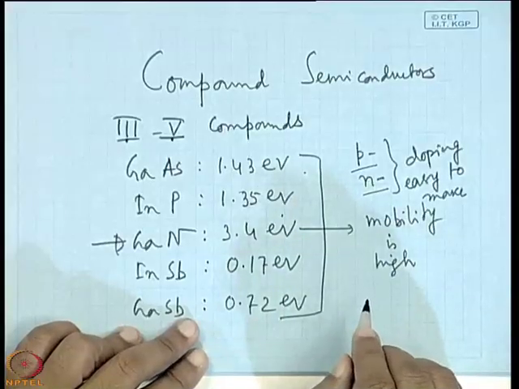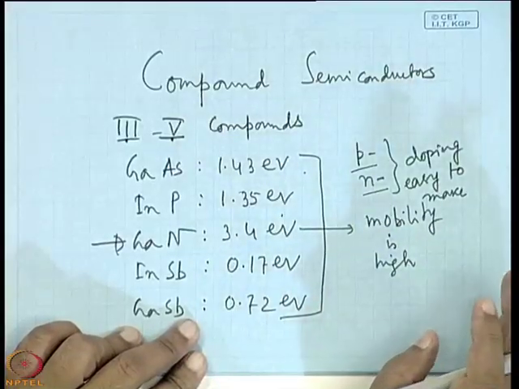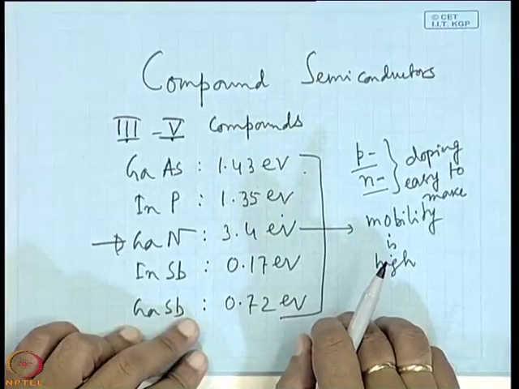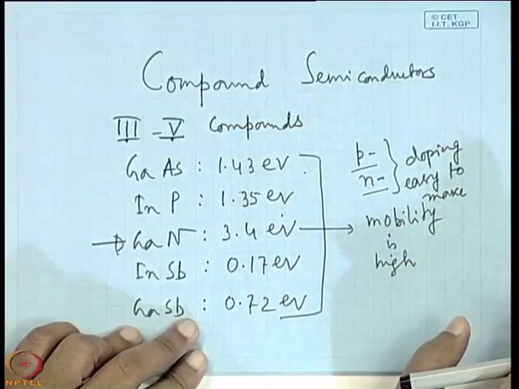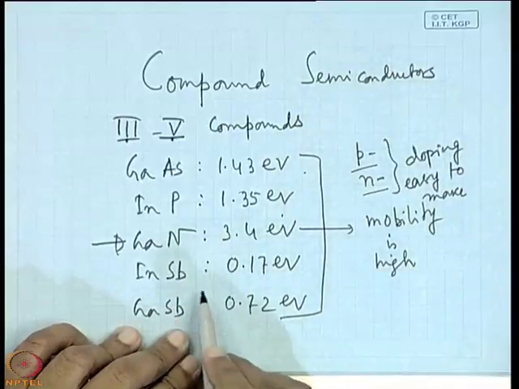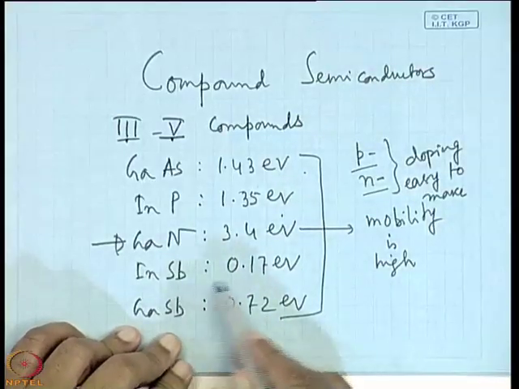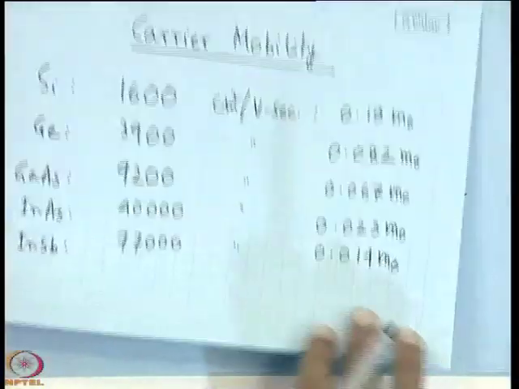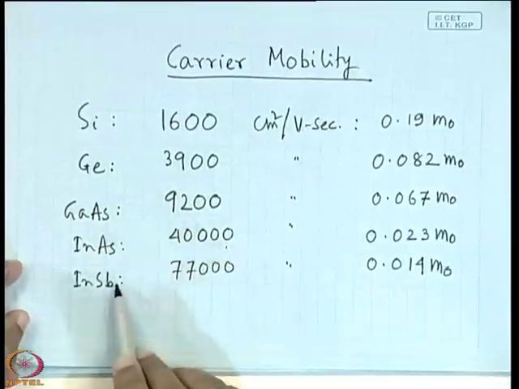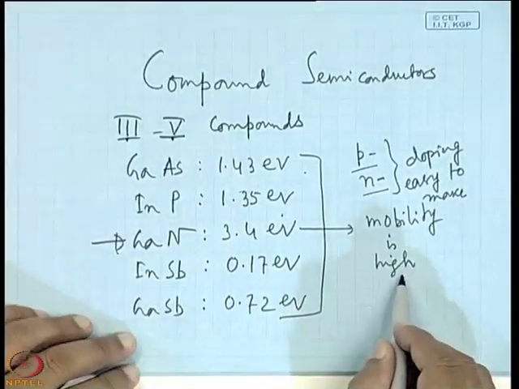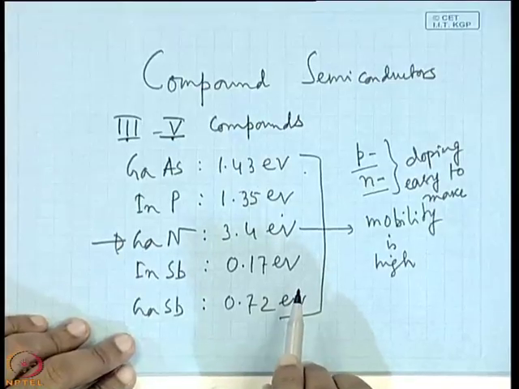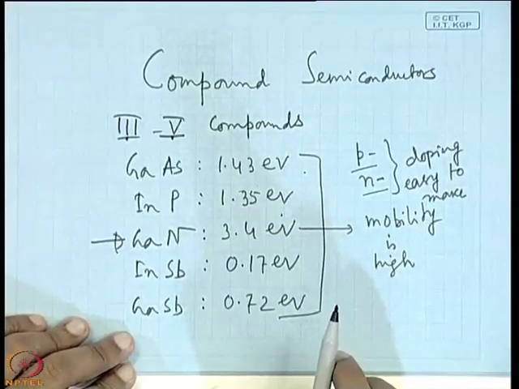So those can be used for various kinds of applications, from optical sources to high mobility devices. I have shown you the mobility for indium arsenide, say 40,000, and indium antimonide is 77,000. So high mobility devices can be made, unlike in elemental semiconductors, where the mobility was not very high.